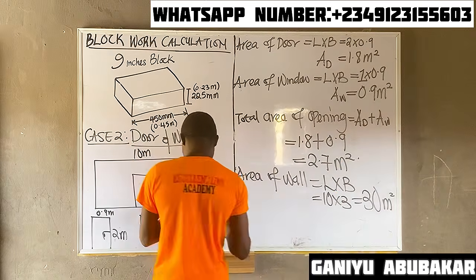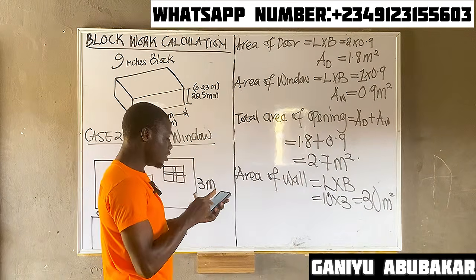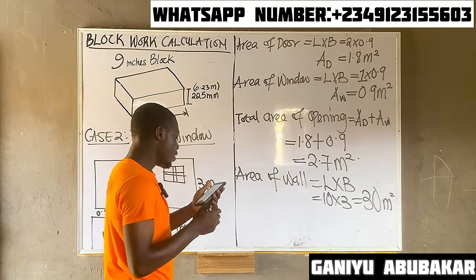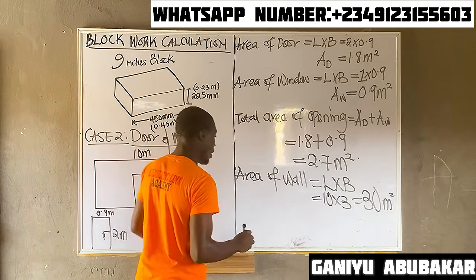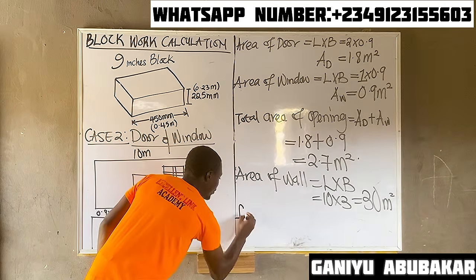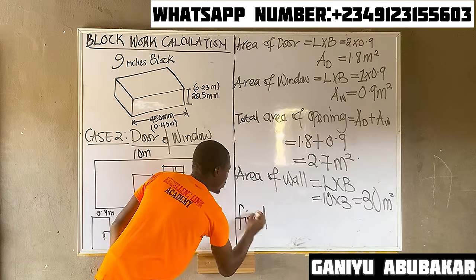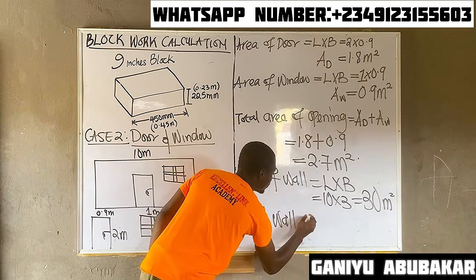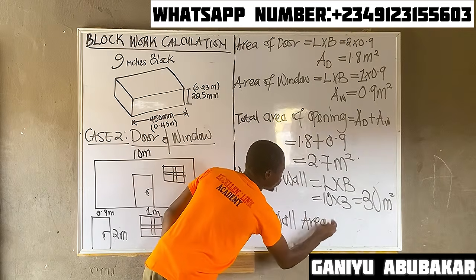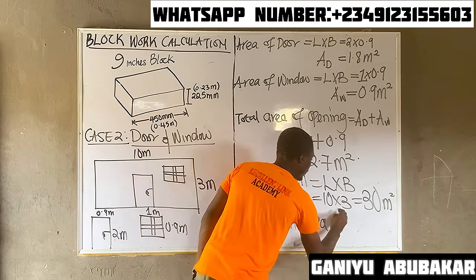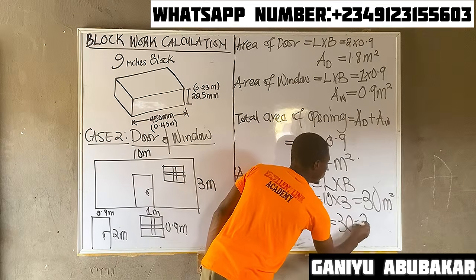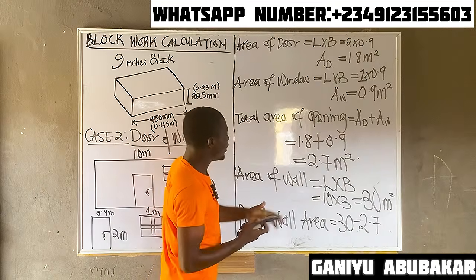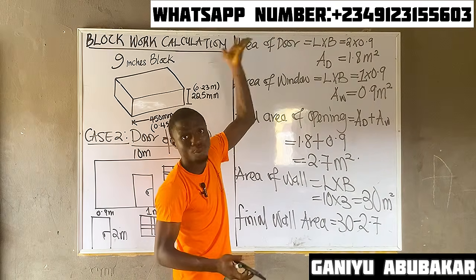My next task is to subtract the area of opening to get the final wall area. The final wall area to be used will be equal to 30 minus 2.7, because I'm going to take this portion away from it since it's called opening.